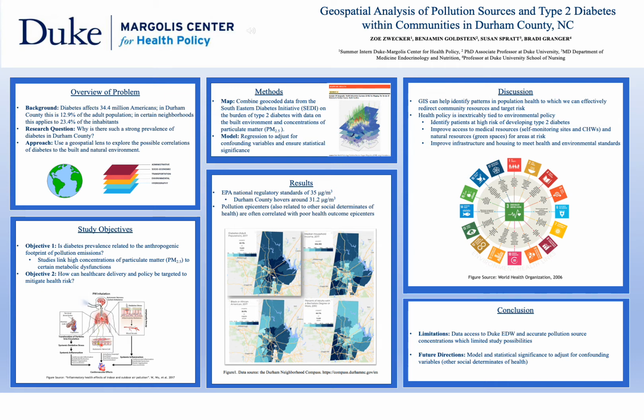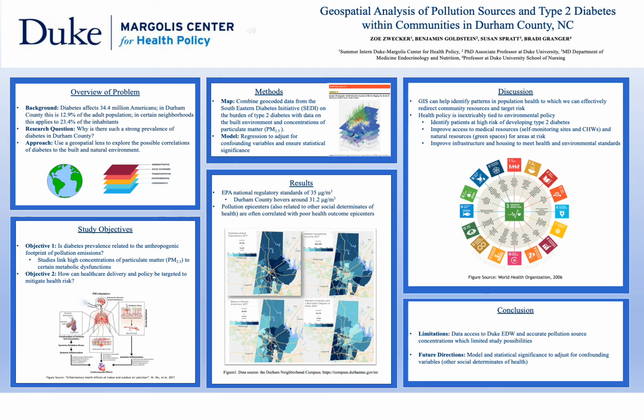And again, I just want to highlight this point that pollution epicenters are also often health epicenters where people are experiencing a lot of poor health outcomes. So that's where we're led in the discussion and thinking about health policy, the things that we can change. So again, we're trying to identify risk and then target risk in terms of mitigating health and the environment.